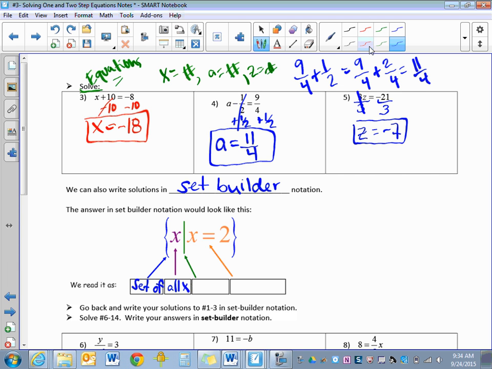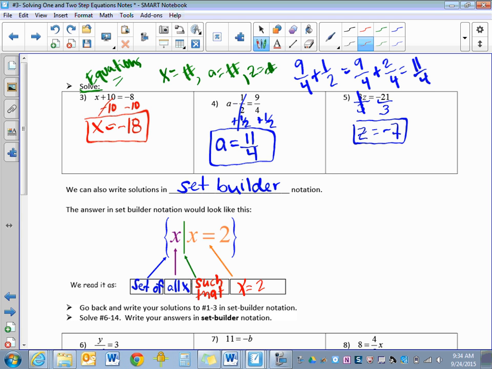We read that as such that, which means it has the following properties. And then we read this last piece as x equals 2. So we read this as the set of all x such that x equals 2. So all we're saying is our variable is x and the answer is 2.